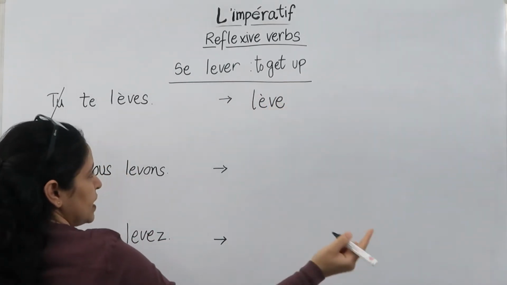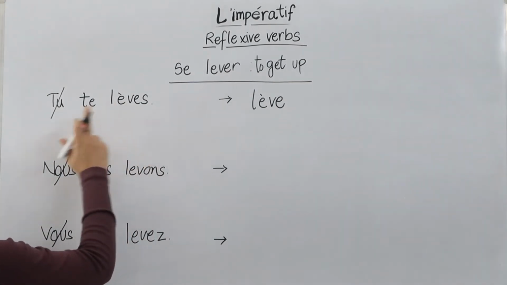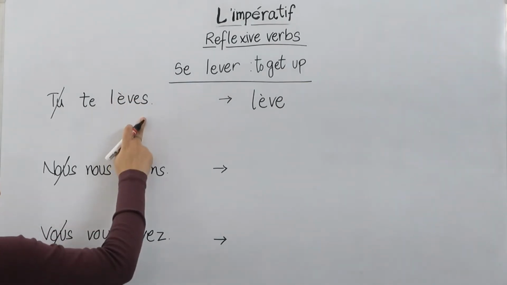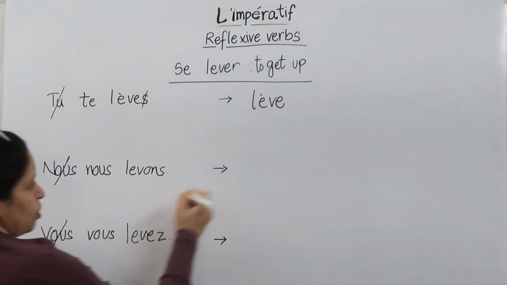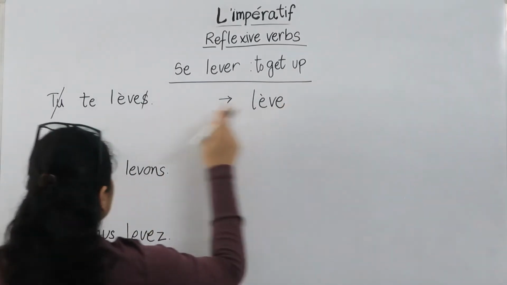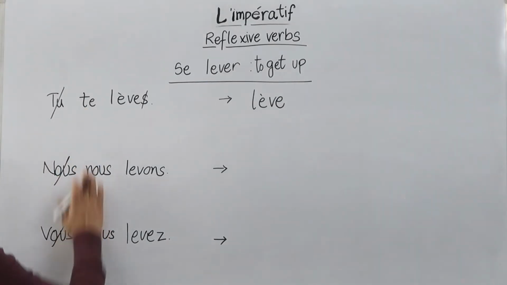The second rule says that if the verb is any ER group verb and the S is written in the tu conjugation, we have to remove that S also. So we'll remove this S. If I remove this S, it is lève. Now what about this te? This te, nous and vous can't stay in front.